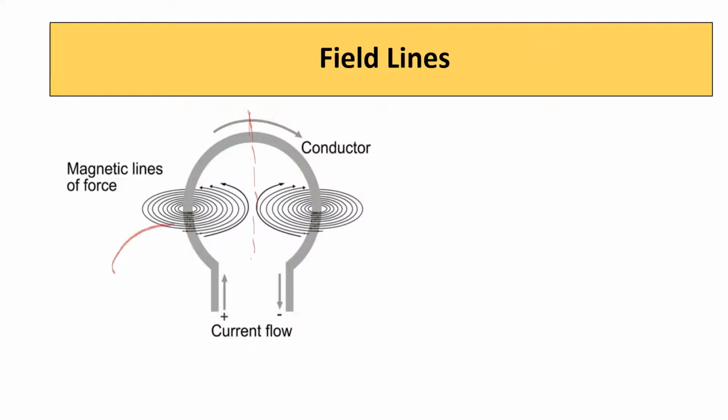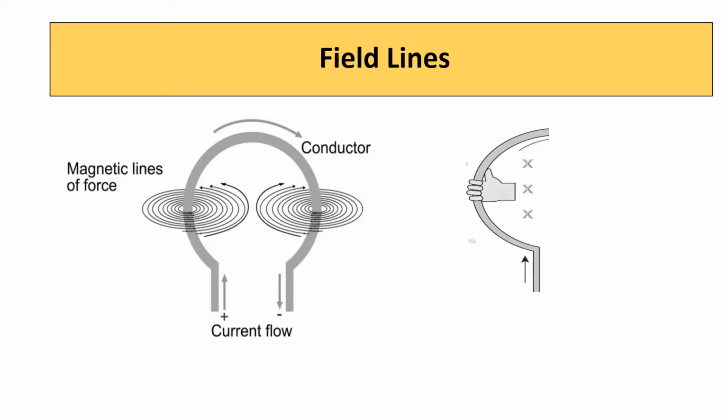In this section of the electric coil, the electric current is flowing in this direction. Whereas when you consider this section of the coil, the electric current is flowing in this direction. To draw the magnetic field lines, we can use the right hand thumb rule.